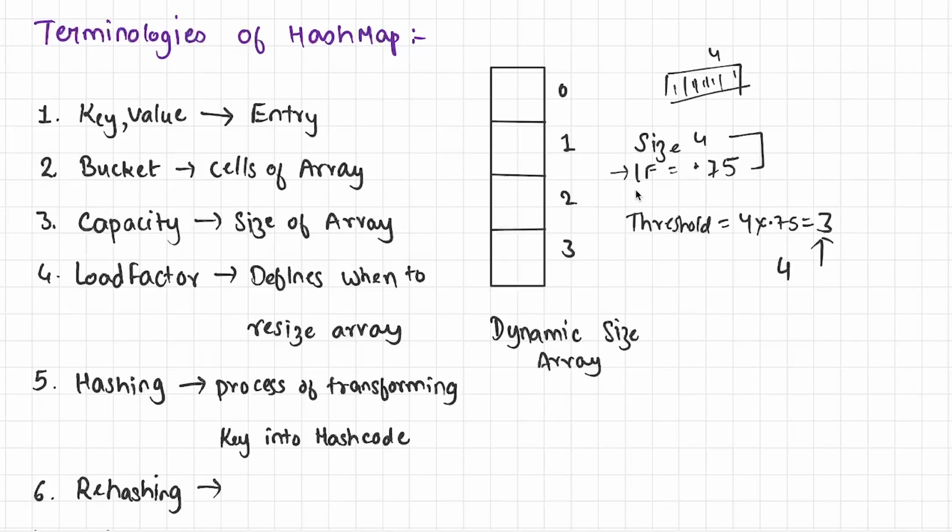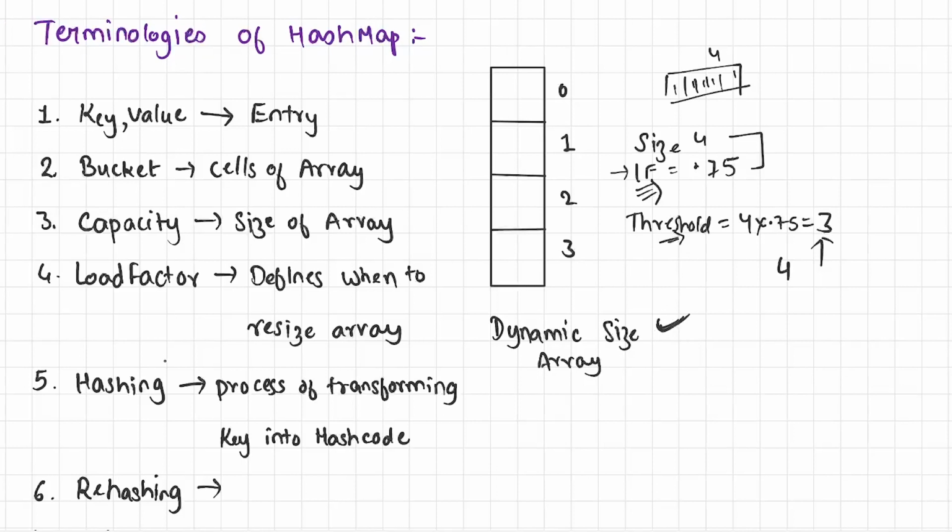That is where the load factor comes into the picture. It uses the load factor in every insert operation to find the threshold, and according to the threshold it resizes itself internally. And why is it so? Because internally HashMap uses dynamic size arrays, and by nature dynamic size arrays are resizable arrays. So this is the use of load factor.